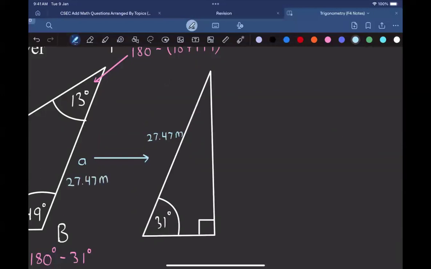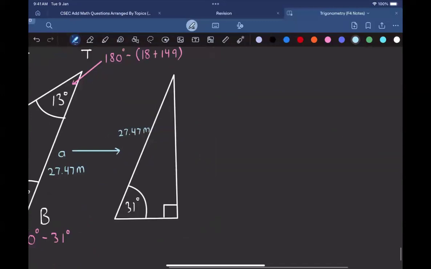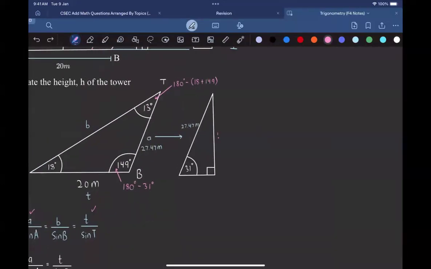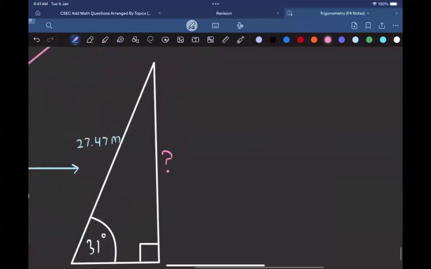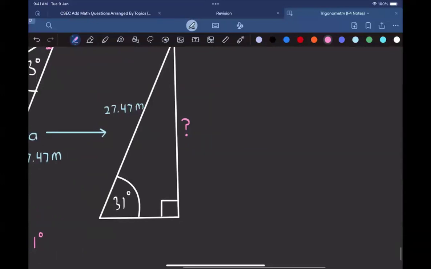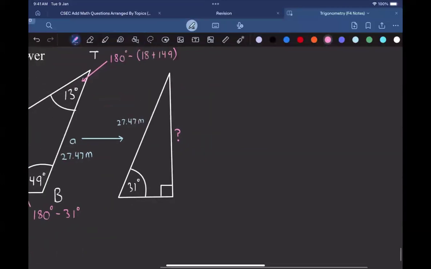So what next? We use any trig ratio, so we have to label. Over this side, the hypotenuse, right? That's the hypotenuse. How about this side?